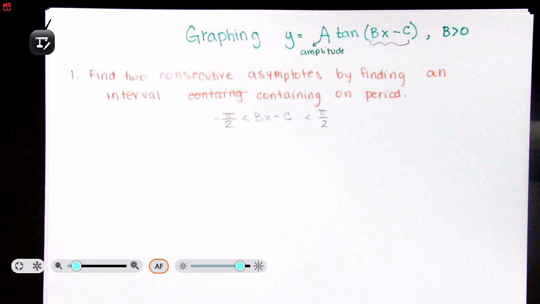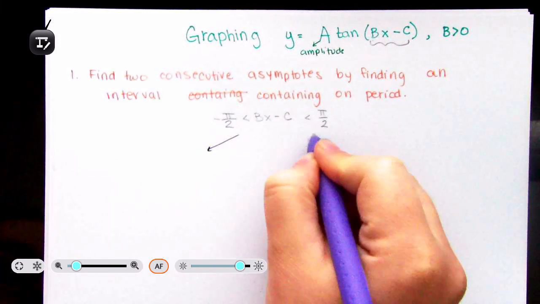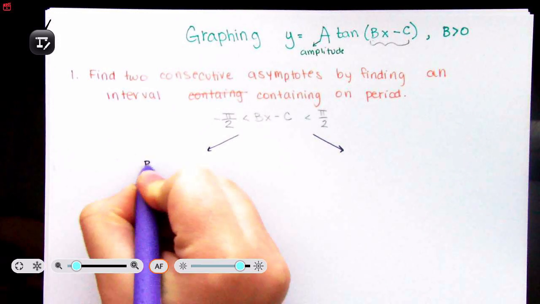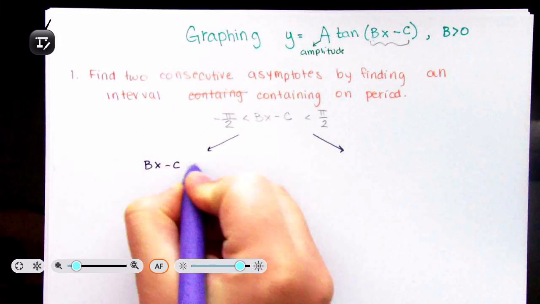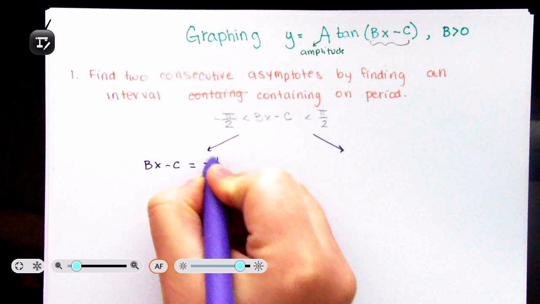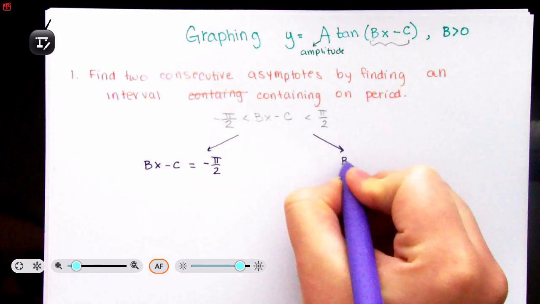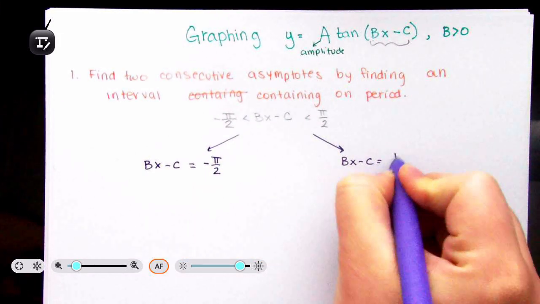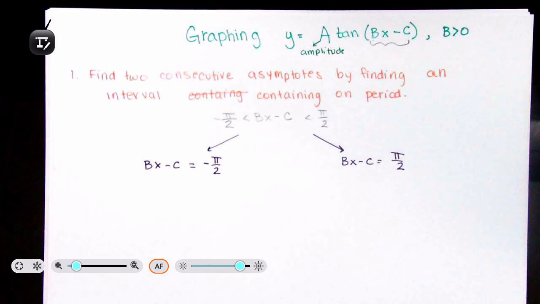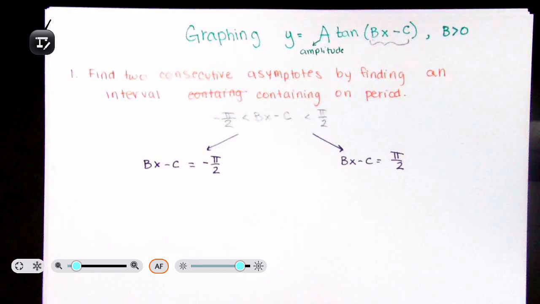So that brings us to step number 1.5. So we're going to continue step number 1. And so what you need to do in step number 1 is you're going to set Bx minus c equal to negative pi halves and Bx minus c equal to positive pi halves. And from there, you're going to solve for x.